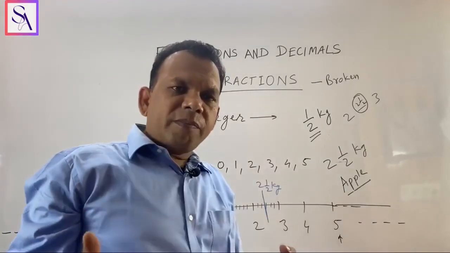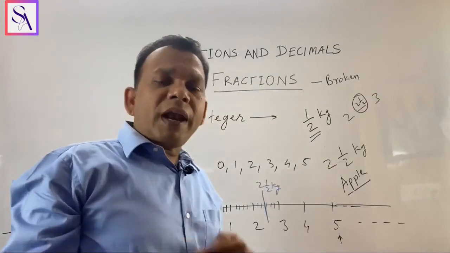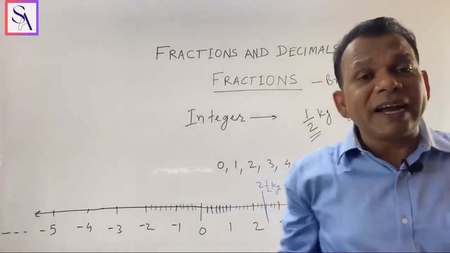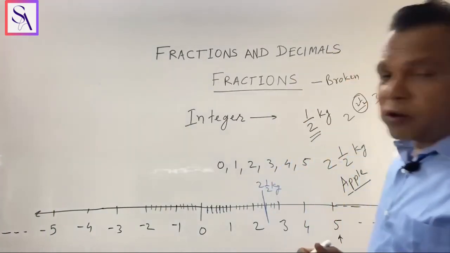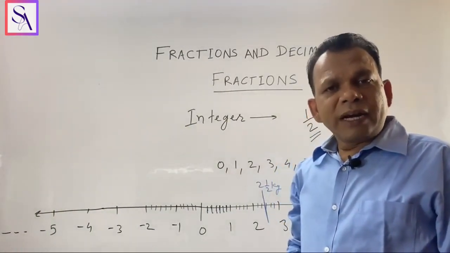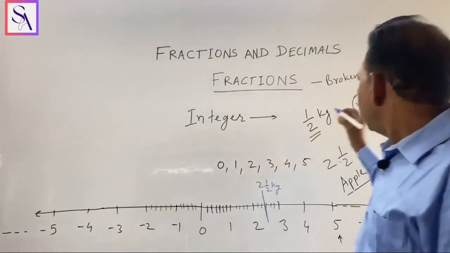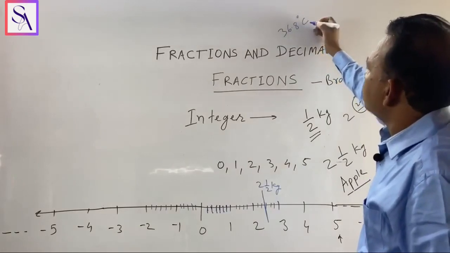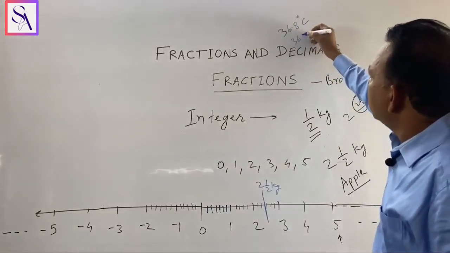And the practical application is you can measure things like weight, or you can measure temperature as well, right? So what is the normal temperature of a human being? 36.8, right, if I am not mistaken, degrees Celsius, or 36.6.